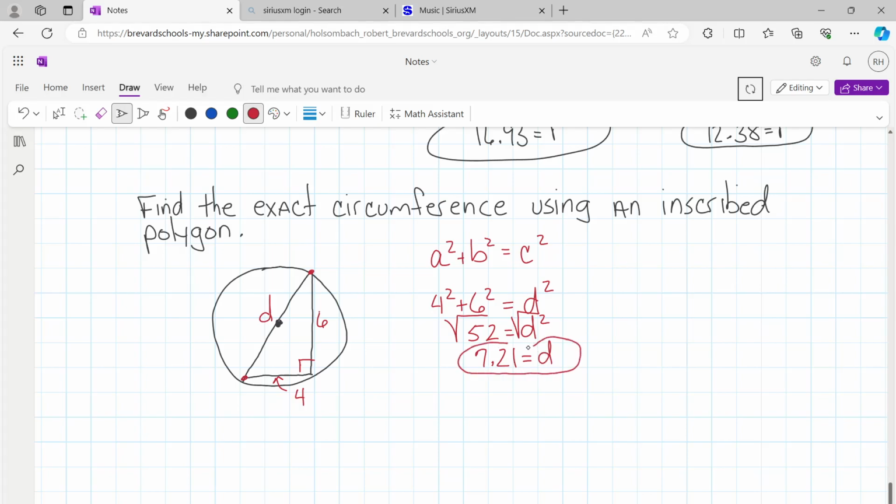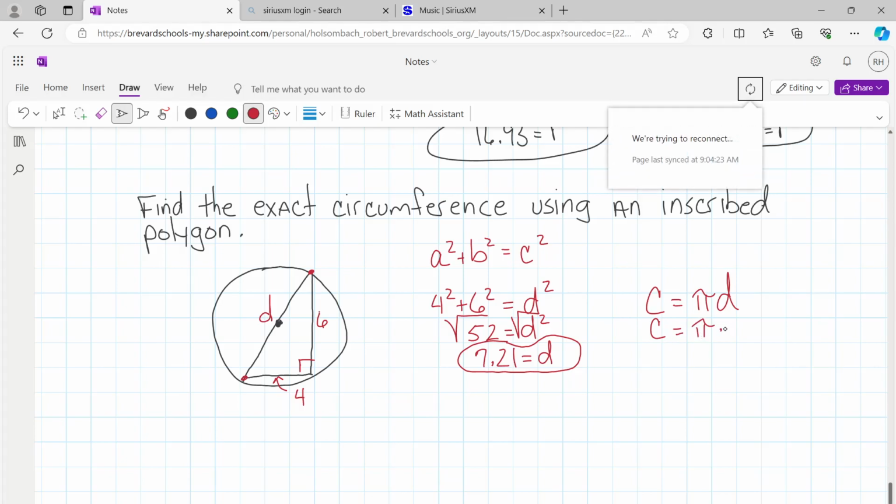Now we're going to take that diameter and we're going to find the circumference. So our formula for circumference is pi times diameter. Now look, you still have the 7.21 sitting on your screen, and it's your diameter. So our circumference is equal to pi times the 7.21.